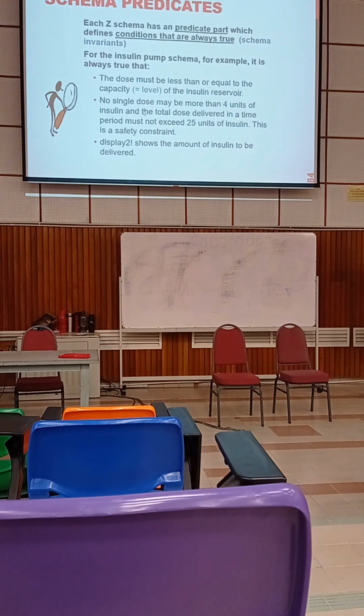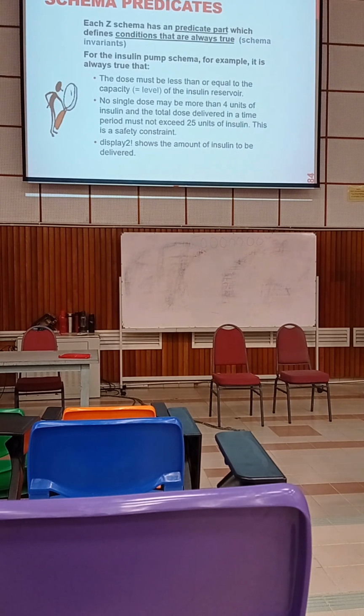Okay? Another example. No single dose may be more than 4 units of insulin. Every time, the maximum dose for any patient is 4 units. So one patient cannot receive more than 4 units in one use. No way. Okay? The total dose delivered in a time period must not exceed the maximum dose one person can receive.